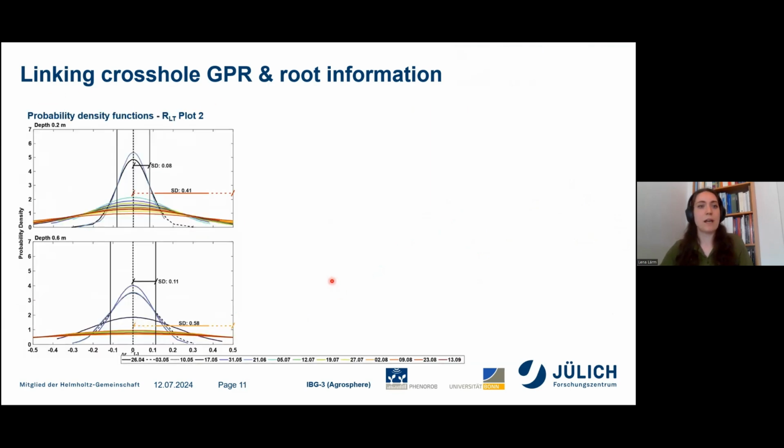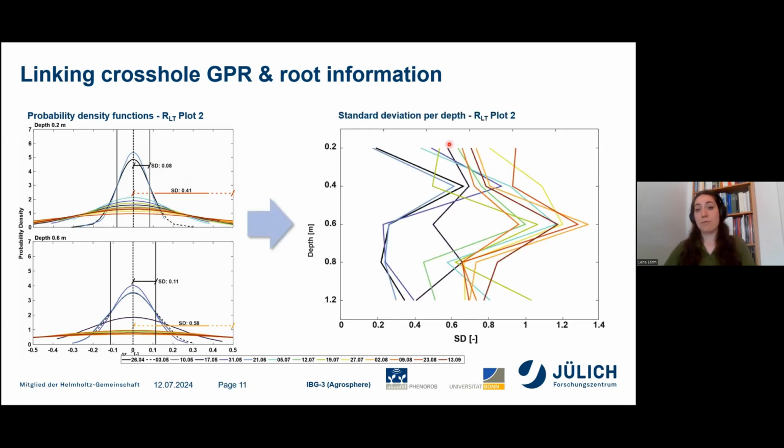So in the next step, we calculated the probability density functions, which are plotted here, and their shape changes over the crop growing season. We have a narrow peak early in the growing season, and this extends towards the end. This peak can be quantified by the standard deviation, and that will again give us a depth profile like I showed you before for the root volume fraction.